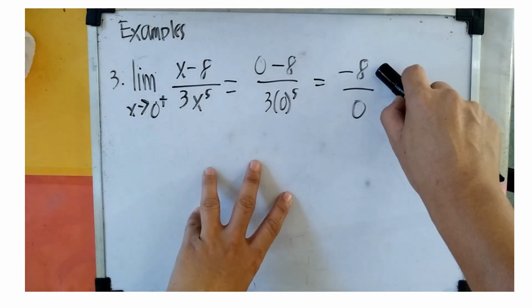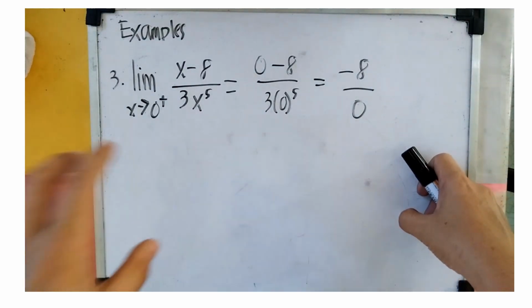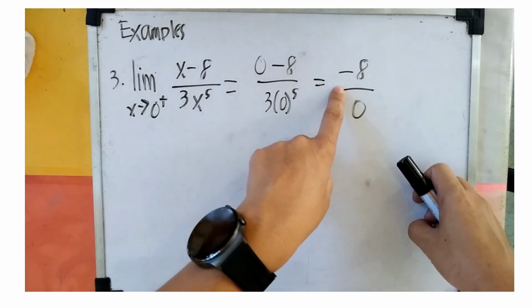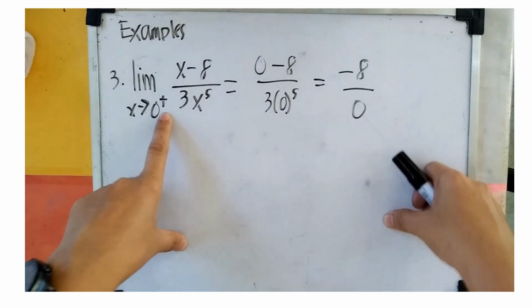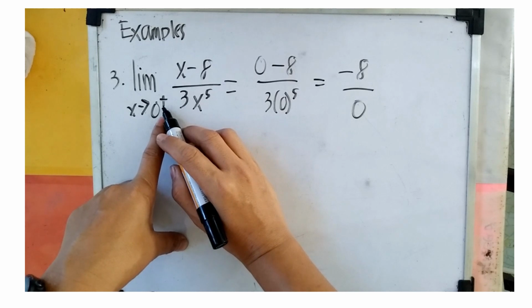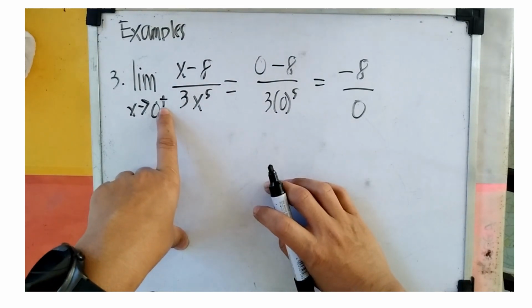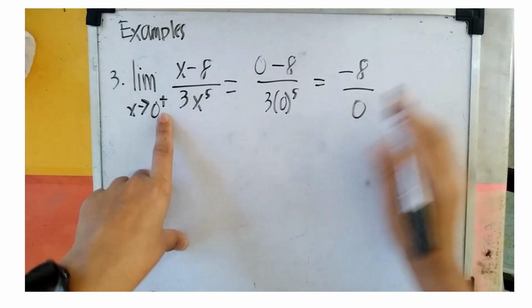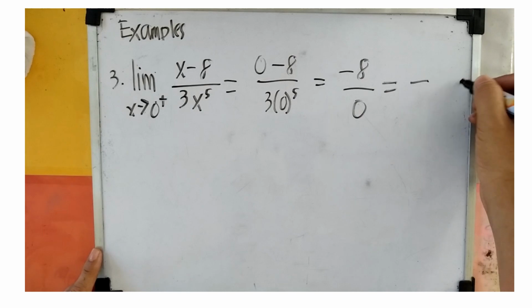So, ayon sa rule sa quotient, A, B, C, or D, di ba pag ang limit is less than 0, that's C or D. Tama? Either C or D. However, paano natin malaman na C or D? Pag from the right, gani class, that is letter C, to the right. So, what's the answer? Negative divided by positive infinity, that's negative infinity.